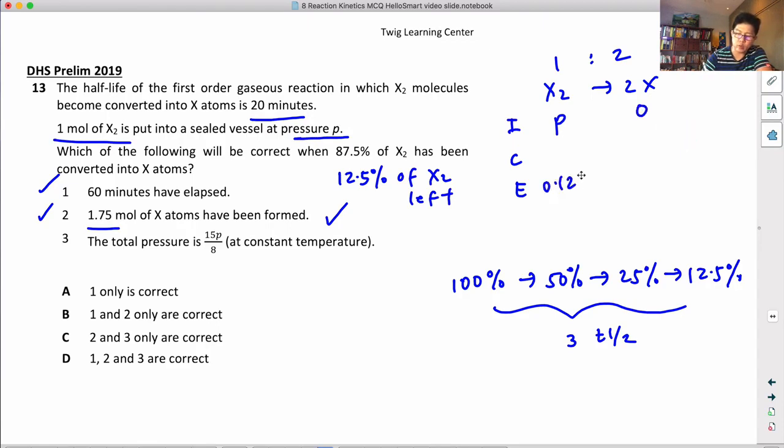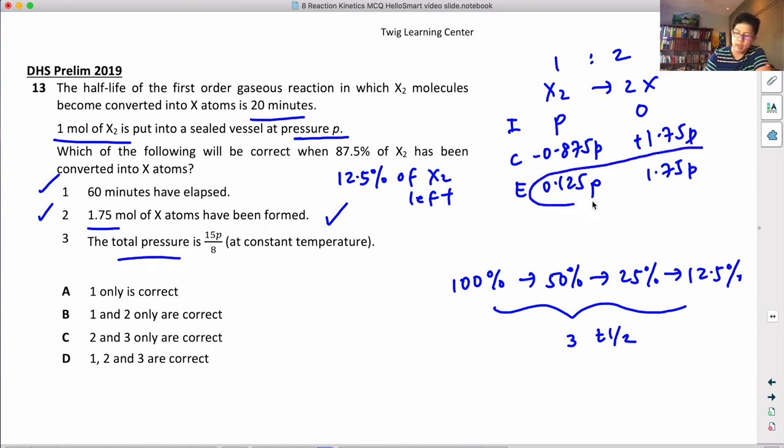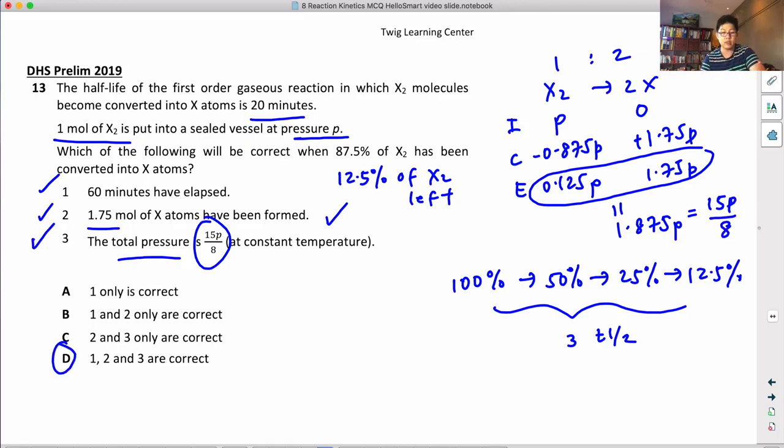In the end, 0.125 P, because 12.5% is left, minus 0.875 P, plus 1.75 P. So this is 1.75 P. If you add these two up, you get 1.875 P. If you press your calculator for this, you realize that this equals 15 P over 8. So this statement is also correct. So it has to be 1, 2, and 3.